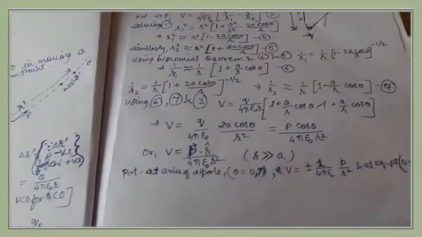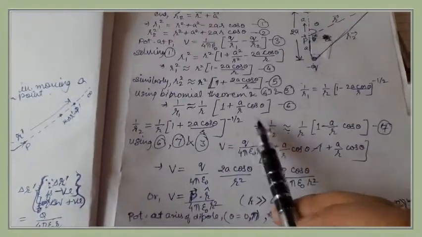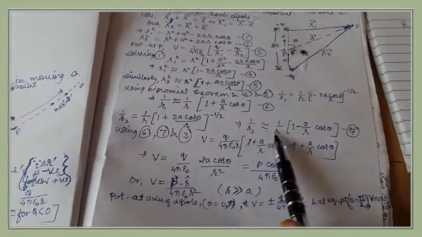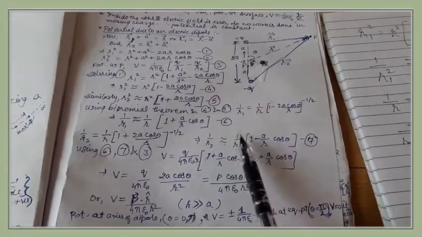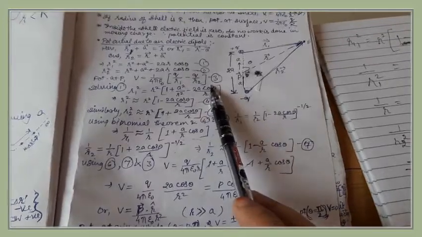And hence we get these equations, the values of 1 by r1 and 1 by r2. Now we put the values from equations 6 and 7 in equation number 3.